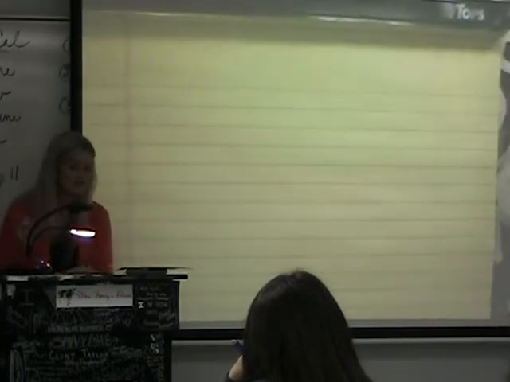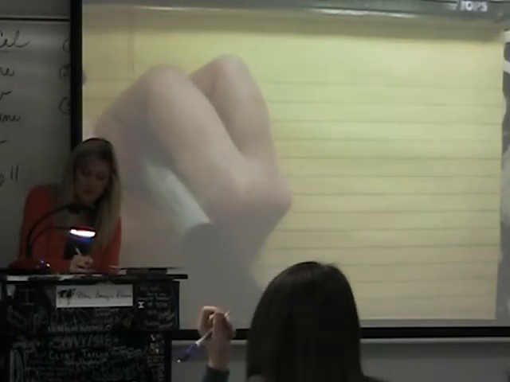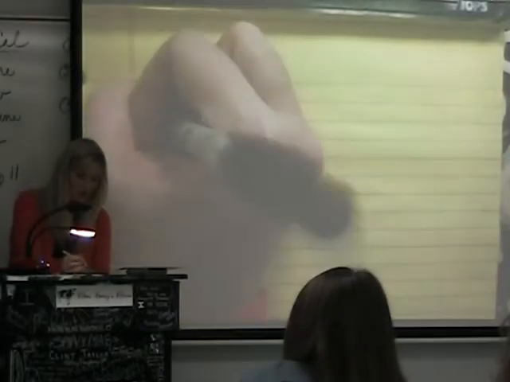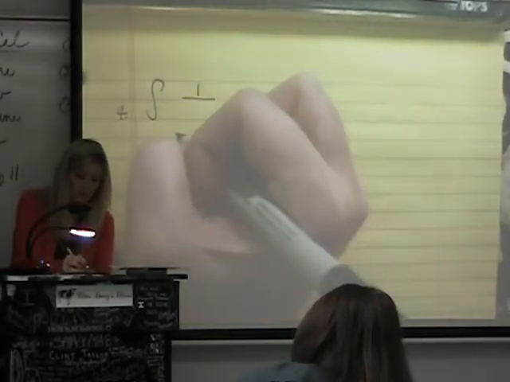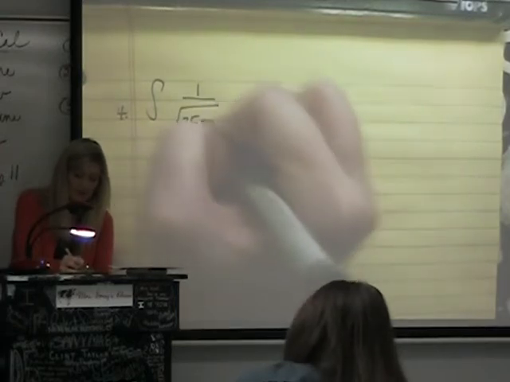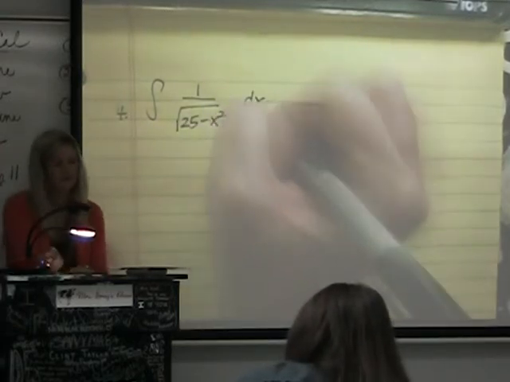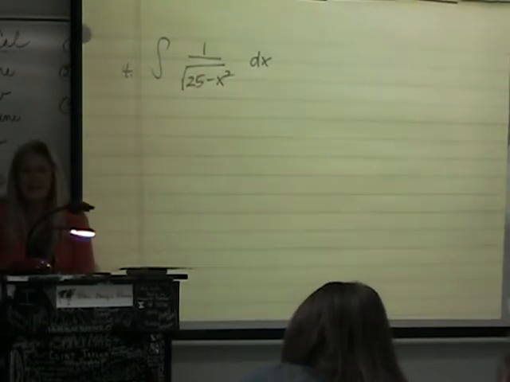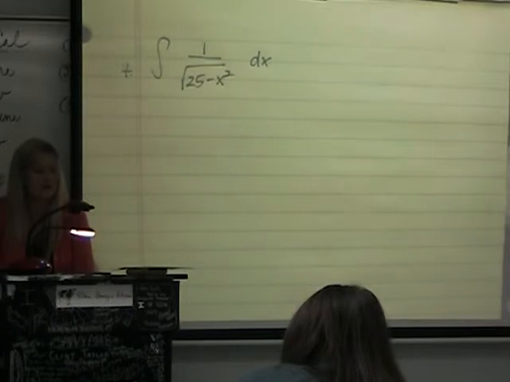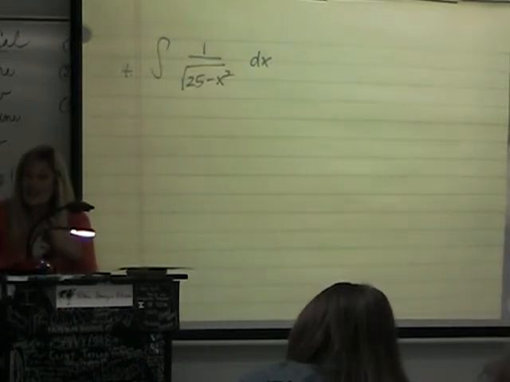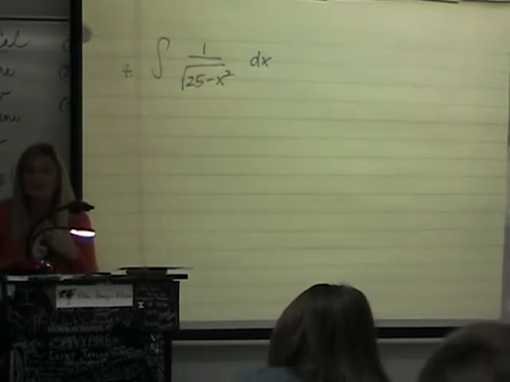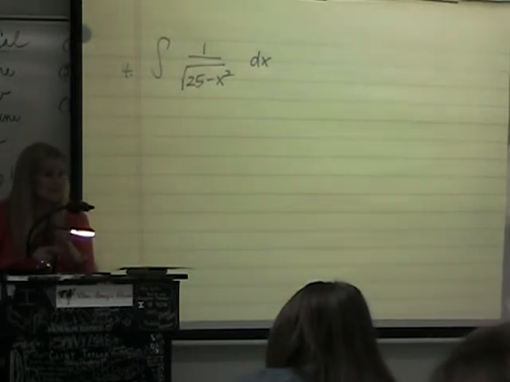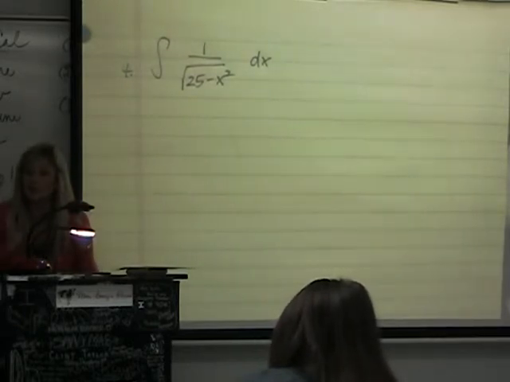So we'll call this example 4, because we're just continuing in the same day of notes. Example 4: we're going to take the integral of 1 over the square root of 25 minus x squared. What I like to do with these types of problems is first identify what A and U are, and then figure out whether it's arc sine, arc tan, or arc secant, based on how it's set up.